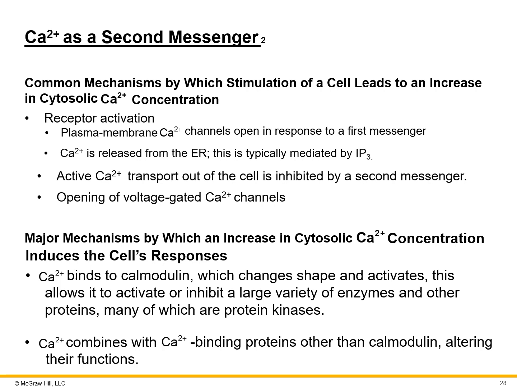This can be mediated by another type of protein. Active calcium transport out of the cell is inhibited by a second messenger. So that's one way that you can keep the level of calcium where you want it to be able to get a cellular response, or you can open those voltage-gated calcium channels.